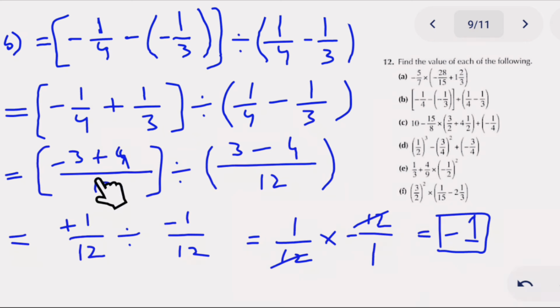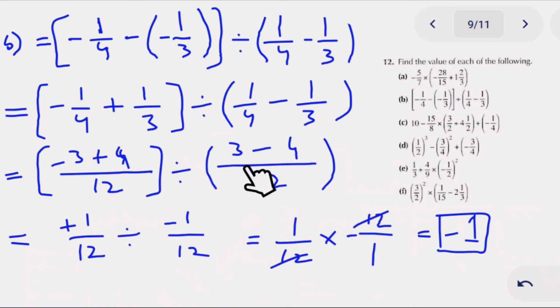After simplifying this fraction, we get minus 3 plus 4 over 12, and then plus minus is minus, 4 minus 3, the answer is 1, but the bigger number is 4 that is carrying the plus sign, so this will carry the positive 1 over 12.